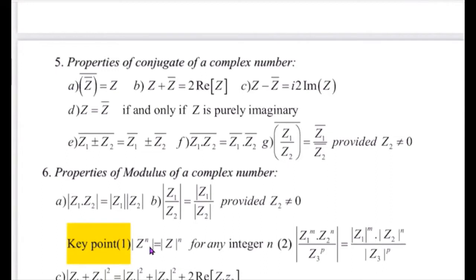Modulus of z power n is mod z whole power n, where n is any integer. So here modulus of this expression is same as modulus of the individual terms.